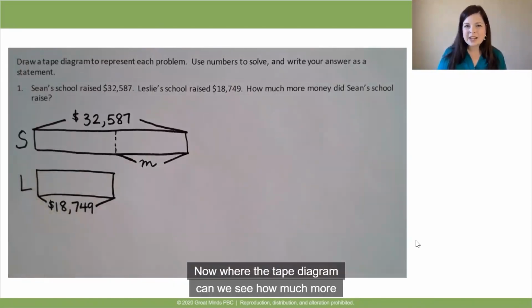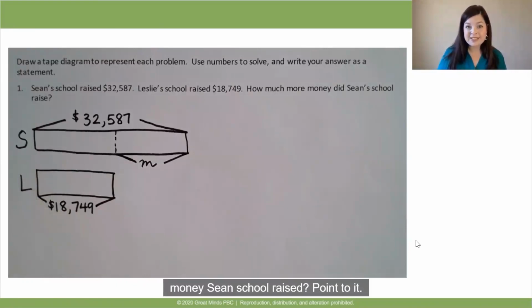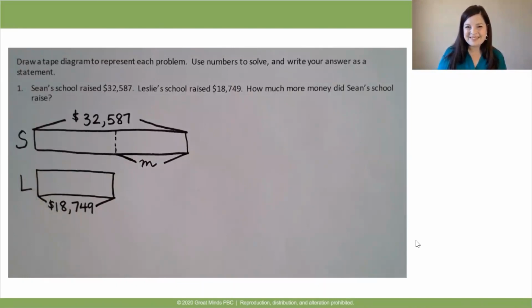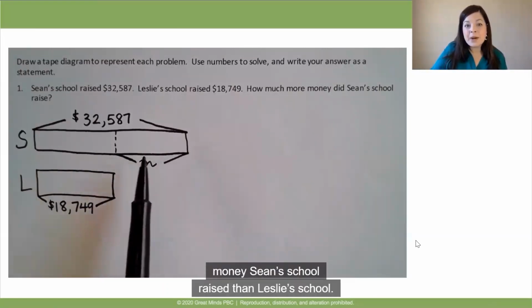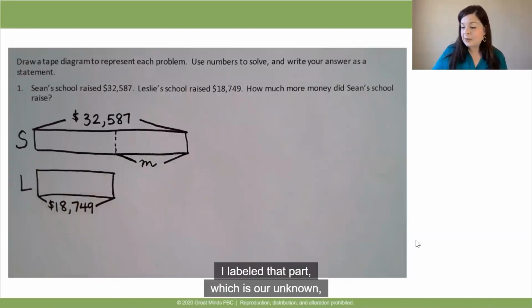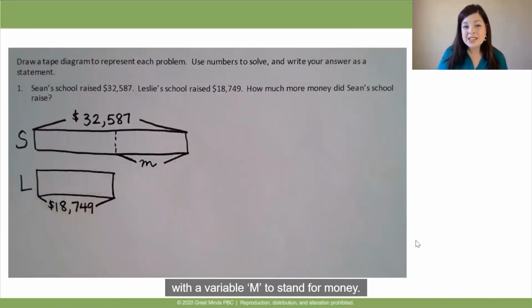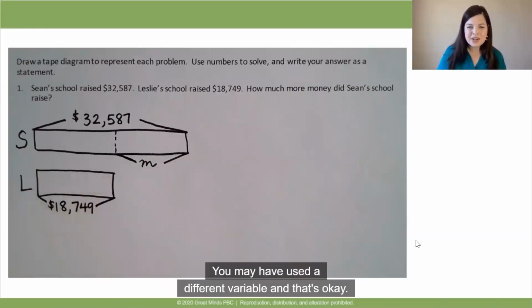Now, where in the tape diagram can we see how much more money Sean's school raised? Point to it. Here's the part that represents how much more money Sean's school raised than Leslie's school. I labeled that part, which is our unknown, with a variable M to stand for money. You may have used a different variable, and that's okay.